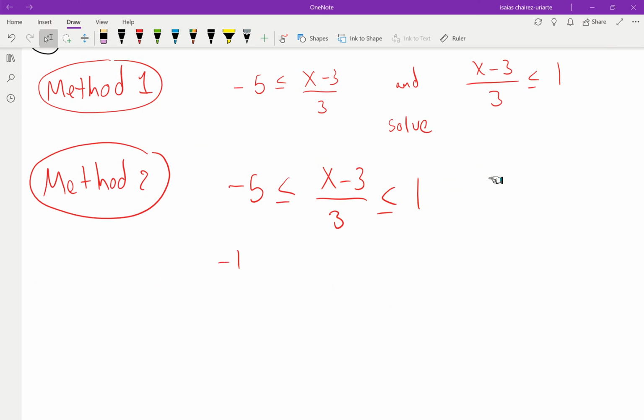So -15 less than or equal to x minus 3 less than or equal to 3. Now I'm going to add 3 to all parts, +3 +3 +3. Then that's -12 less than or equal to x less than or equal to 9.